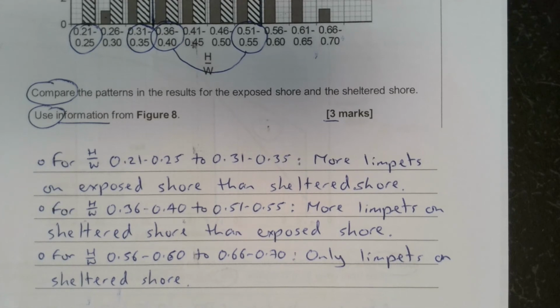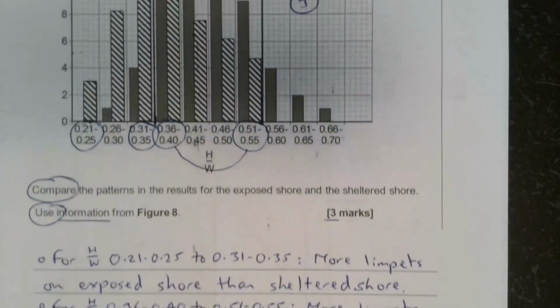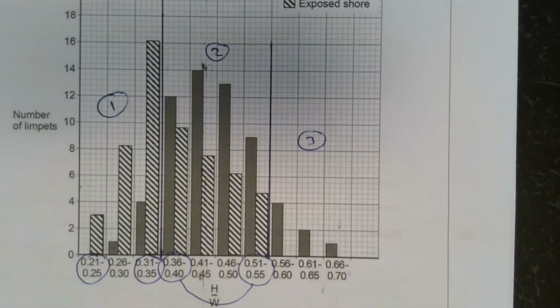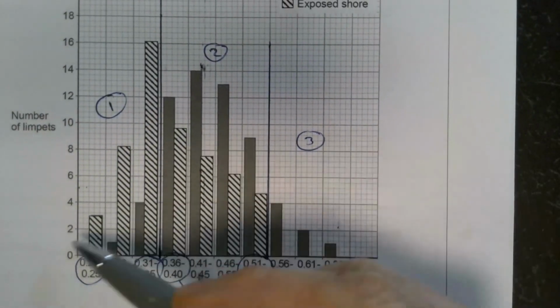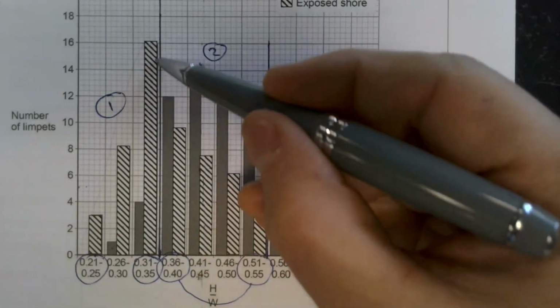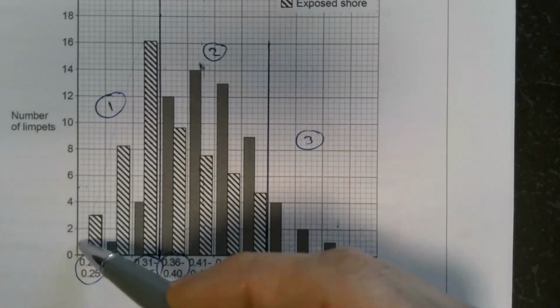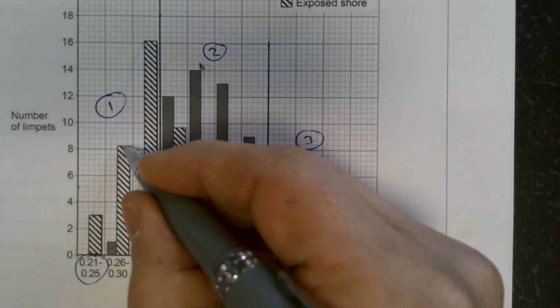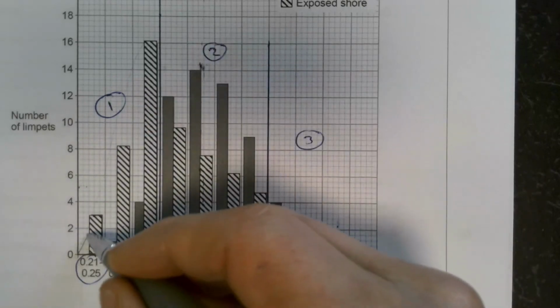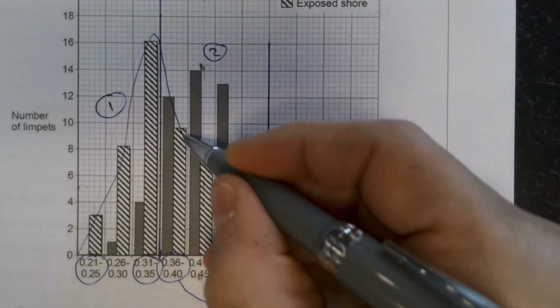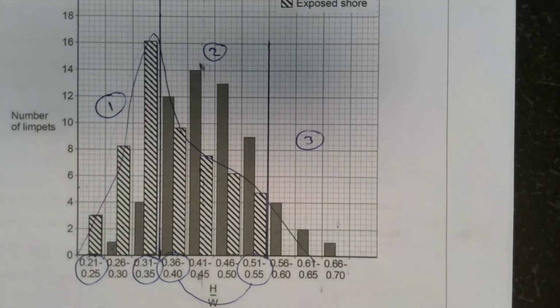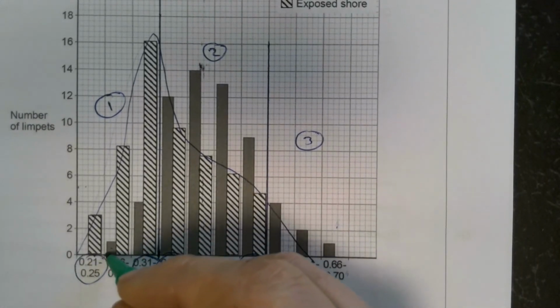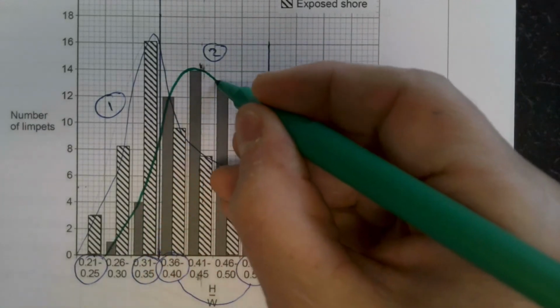Okay, so there's another way of splitting that graph up. That would be absolutely fine, but you could look at the shape of these graphs. Imagine if I connected all the stripy bars up, it sort of increases like that and then does this, and I could compare that pattern with the solid grey bar, which would be like this.